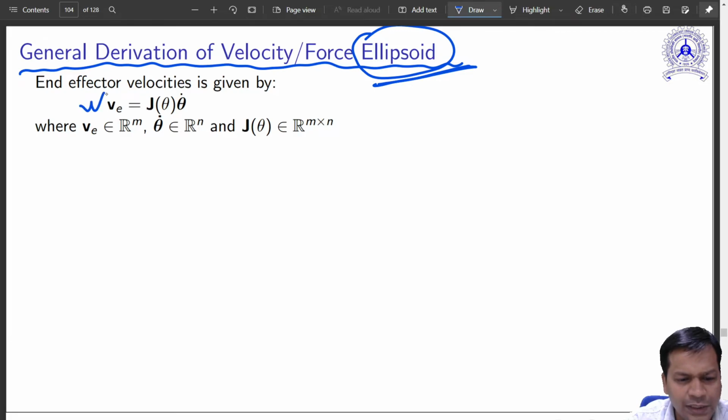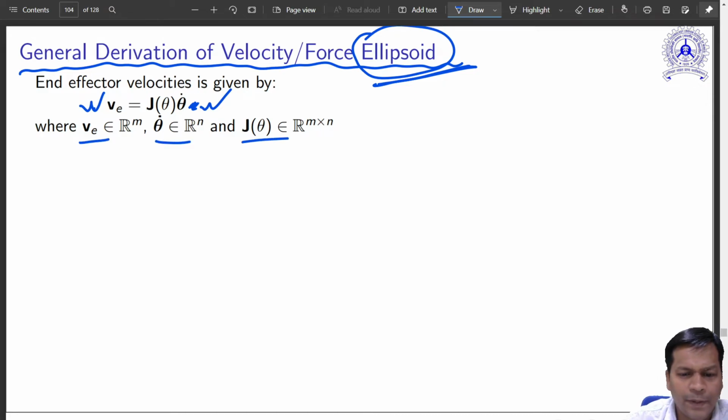So velocity of the end effector is given like this. That is related with joint rates like this. You all know this by the definition of the Jacobian, where each one of them is in the real number domain.